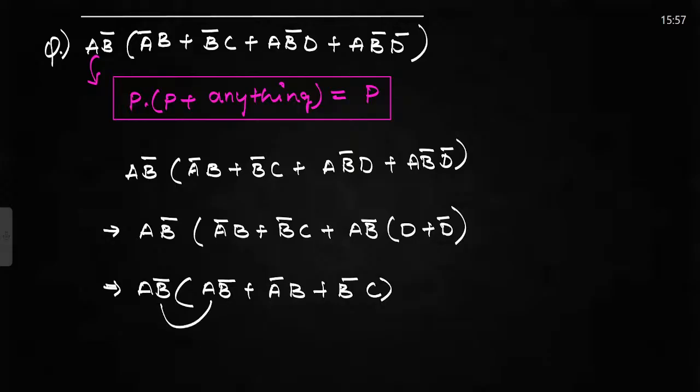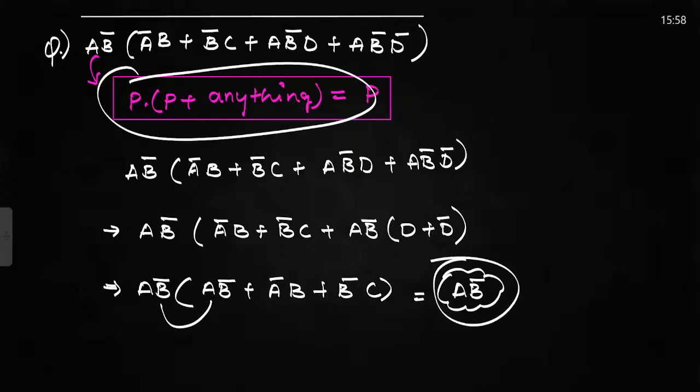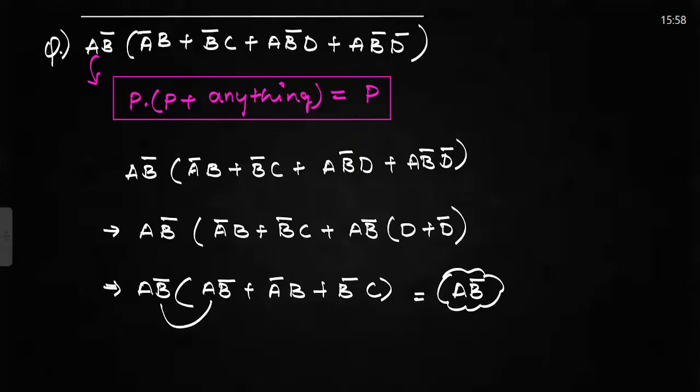So here P and P plus anything, so my answer will be A B bar. This is how you will simplify your Boolean problems. Every time you do not need to solve the whole thing and get one; simply you can use this formula and get the final answer. So this is how Boolean laws will help you in solving problems.